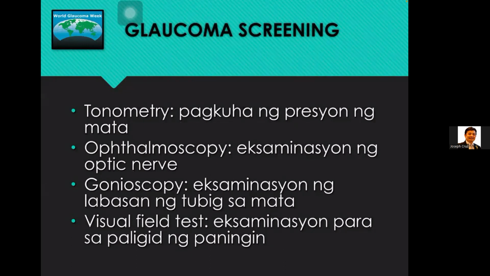And the one that takes a while, which we request to do, is to check your field of vision, yung lawak ng paningin po ninyo. Tulad ng nabanggit ko kanina po, maaari po kayo mawala ng paningin ninyo nang wala po kayong nararamdaman po. And the only way to test this is to do a field of vision evaluation. So para titingnan po natin kung gaano kalawak po ang paningin ninyo na natitira po.